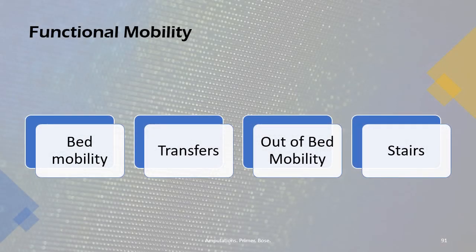Functional mobility is always an important concept and component in any rehabilitation. In amputations, we can have two types of patients. One type can generally wake up from surgery and within a few hours get up and move around by themselves using a walker or wheelchair or both. Generally speaking, these are our younger patients who are otherwise healthy and in good physical shape.